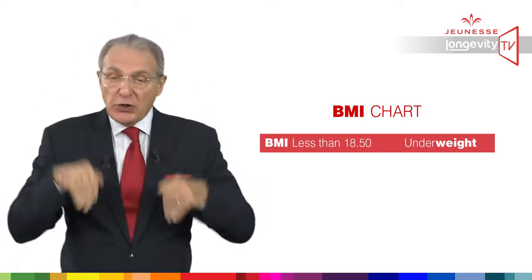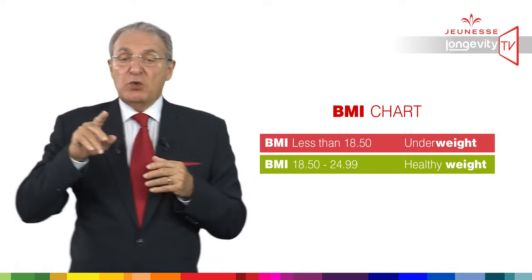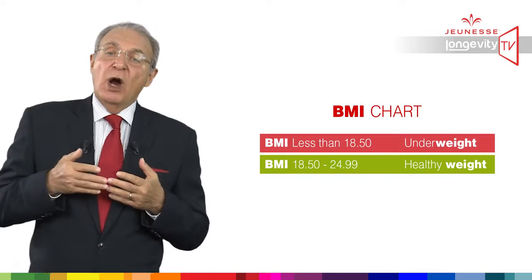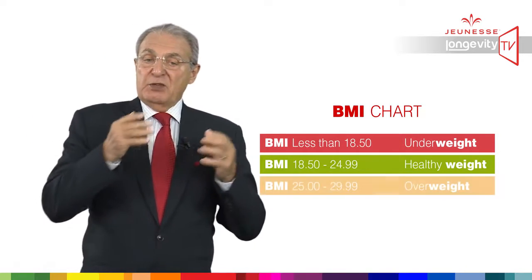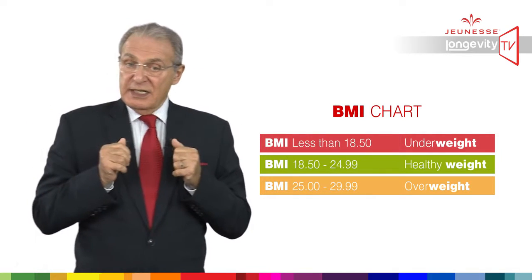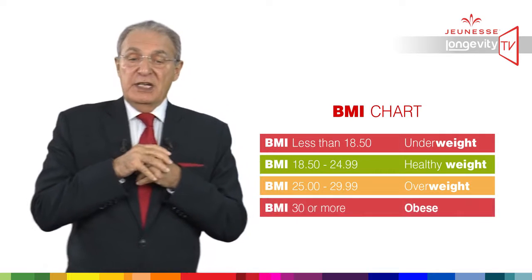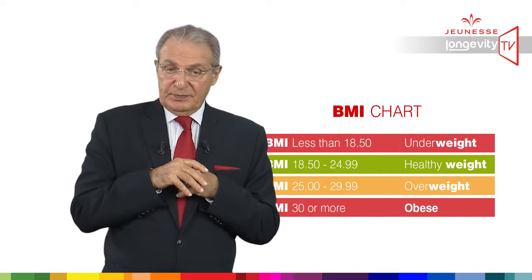You are underweight. If it is between 18.5 and 25, you are in the normal standard. Between 25 and 30, you are overweight, and above 30, you are qualified as obese.